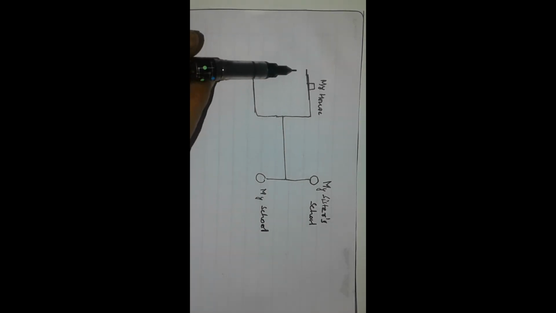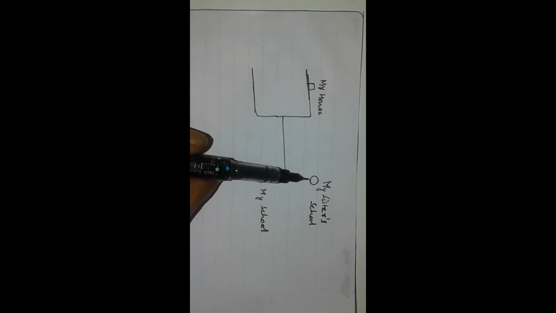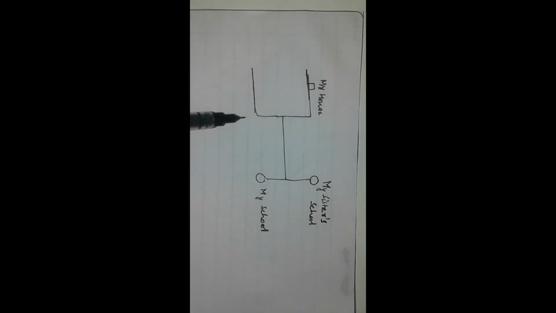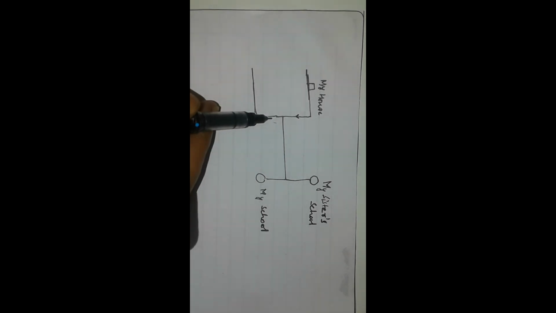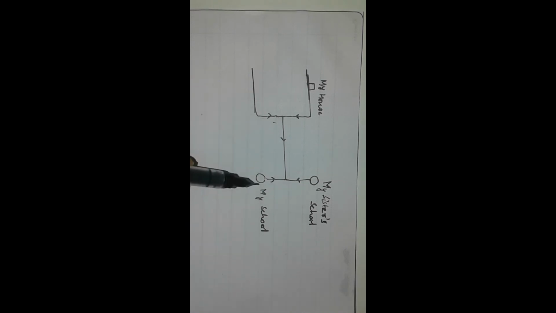So students, you see, the location of my house, my sister's school, my school can be shown by this map. So this map shows the locations with respect to each other.